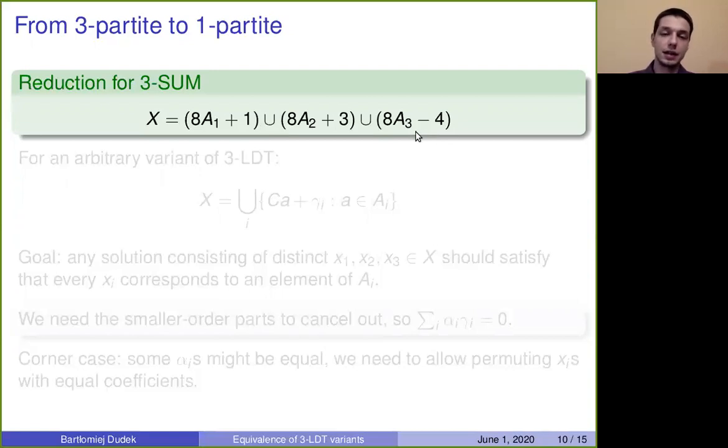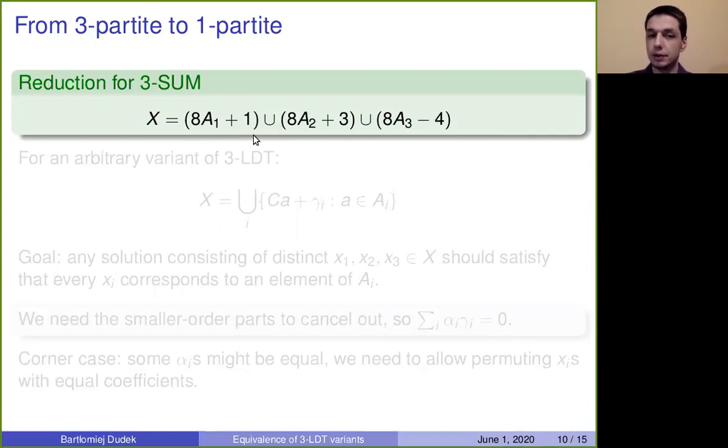So to the first set we add 1, to the second add 3, and subtract 4 from the last one. And this reduction ensures that if there is a triple of elements that sums up to 0 from the set X, then we need to take one element from the first set, the other from the second, and the last one from the third.